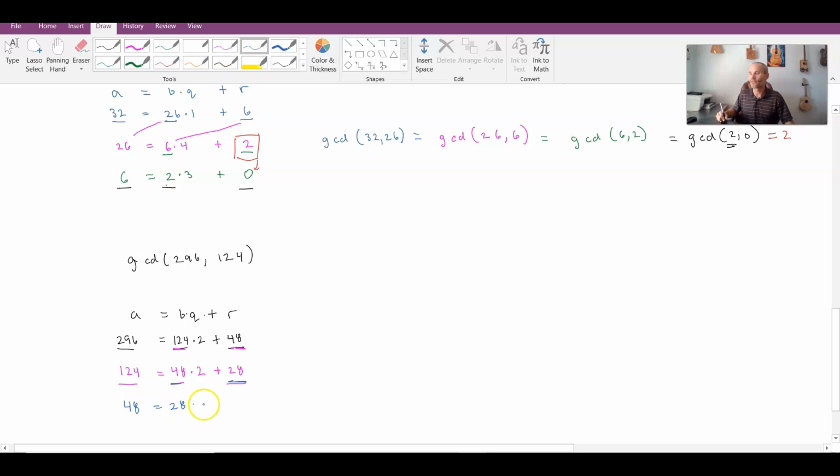So now I'm going to focus on 48 and 28. And 28 goes into 48 one time, leaving me with a remainder of 20. Once again, the GCD between A and B is the same as the GCD between B and R. So I will take those 2 values and focus on them. Again, notice how much smaller these are getting as we go. 20 goes into 28 one time, leaves a remainder of 8.